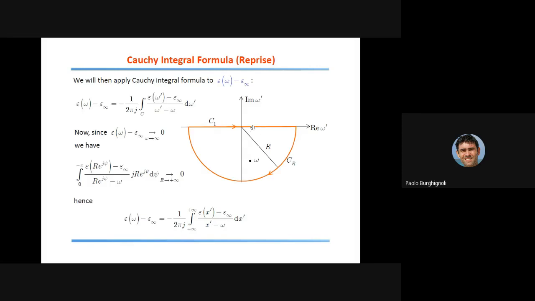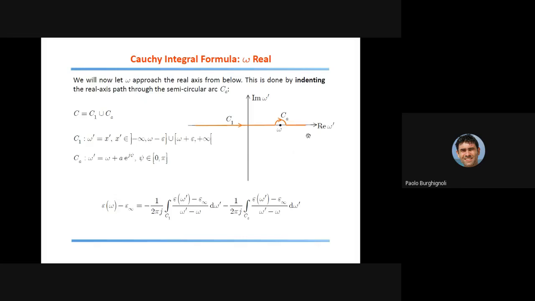So to avoid any problem, what you do is indent this integration path using a small half circle again, CA, where A is the radius of this small half circle. If you do that, you do not change the value of the integral by Cauchy theorem, and now you can let omega be a real number without any problem.